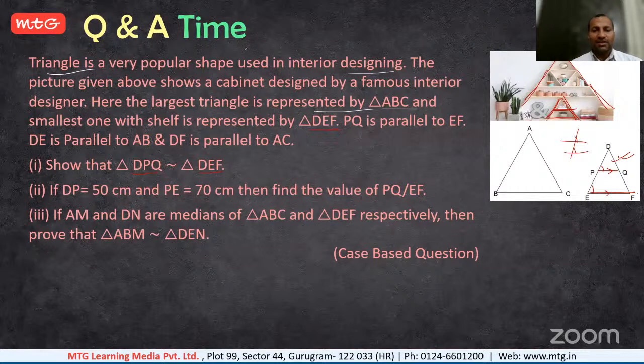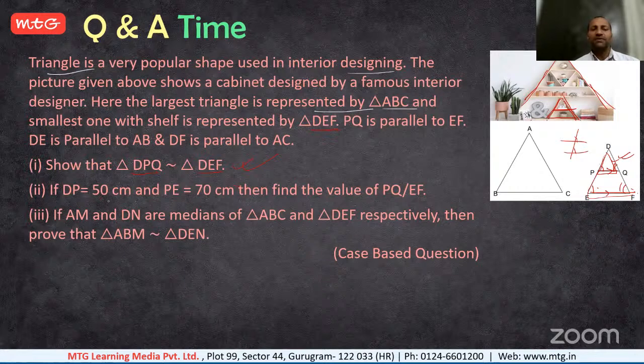Yeah, Pratik says, can we do it through AA similarity? Yes, we can do it by AA similarity. Fine. So yes, here also these two angles are equal. So when two angles are equal in the small triangle and the big triangle, these two triangles are similar. Okay. So this is done.